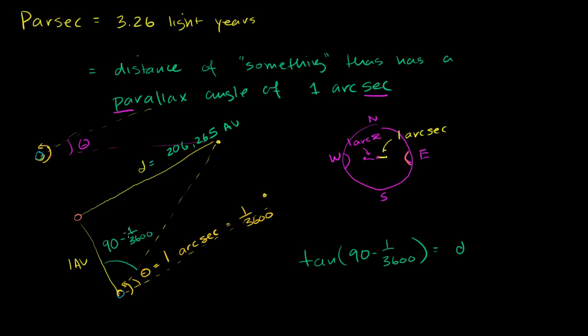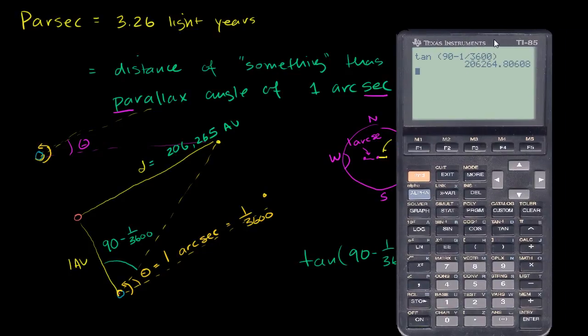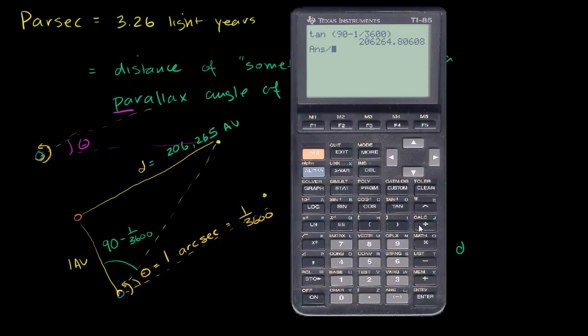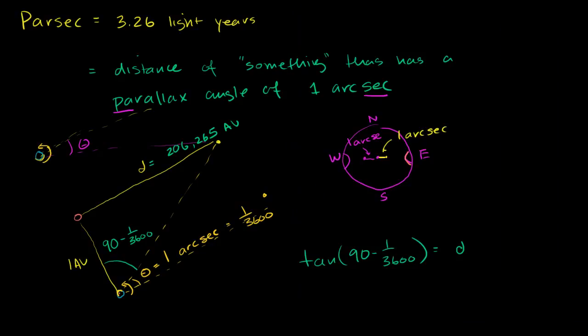And if we want to convert that into light years, we just divide. So there are 63,115 astronomical units per light year. Let me actually write it down so I don't confuse you with the unit cancellation. So we're dealing with 206,265 astronomical units.